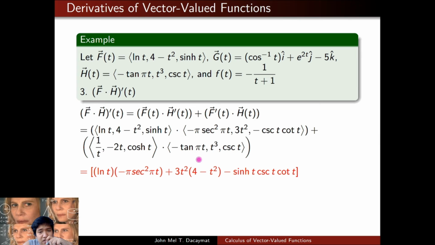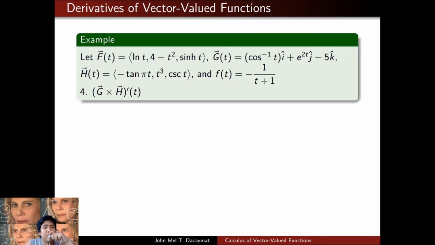Tapos yung dot product nitong second, yan lang din yun, product ng first component, plus product ng second component, plus product ng third components. Tapos yan na yun. If you want to simplify, sure, but this is already your answer, no? This is a real valued function. Sabi natin kanina, dapat ang sagot is a real valued function. So you have this as your answer.